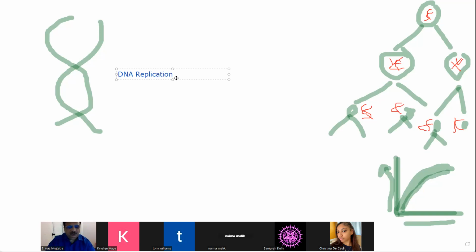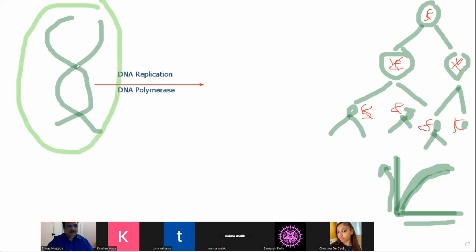Now this DNA replication is carried out by an enzyme called DNA polymerase. So what happens during DNA replication is that, let's say this is the parent DNA.